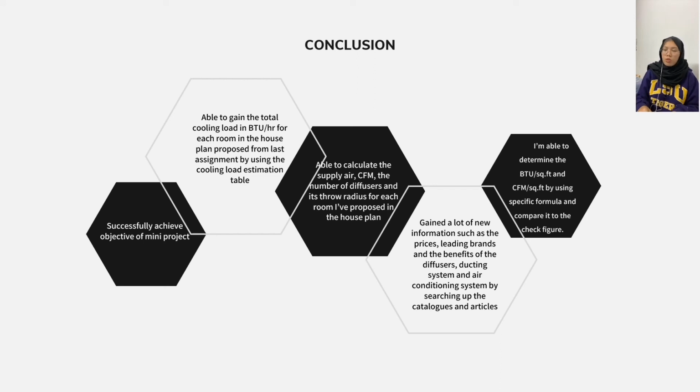Next, I am also able to calculate the supply air CFM, the number of required diffusers, and their throw radius for each room that I have proposed in the house plan.